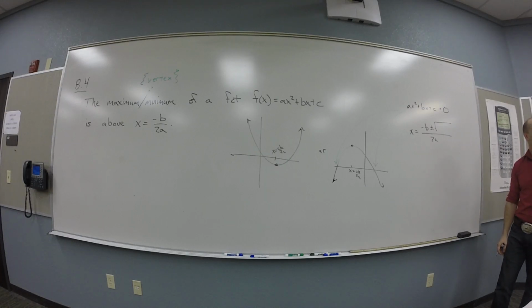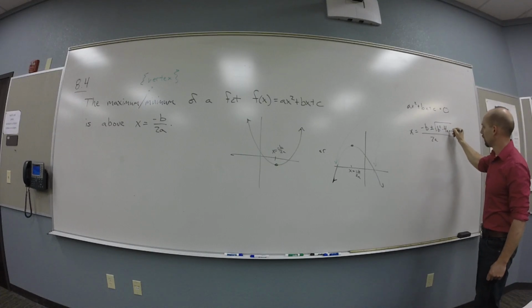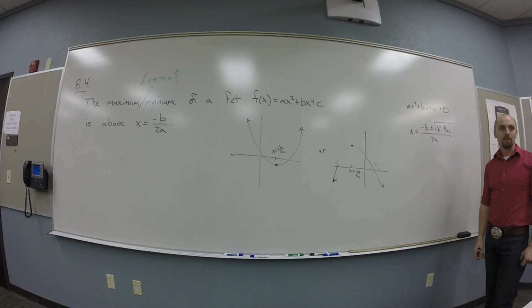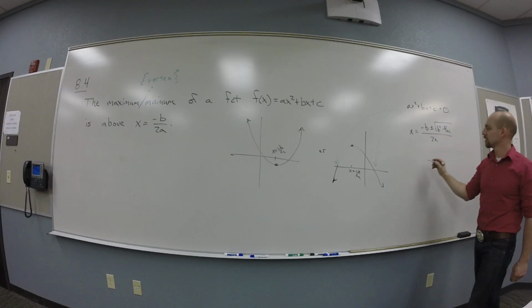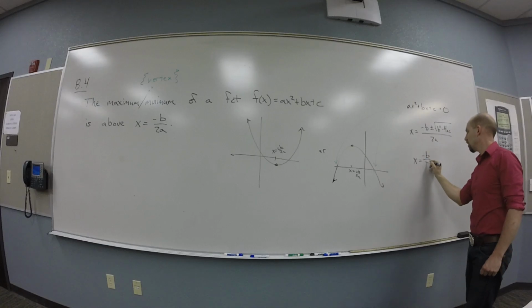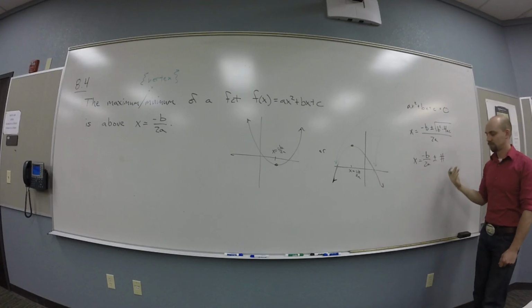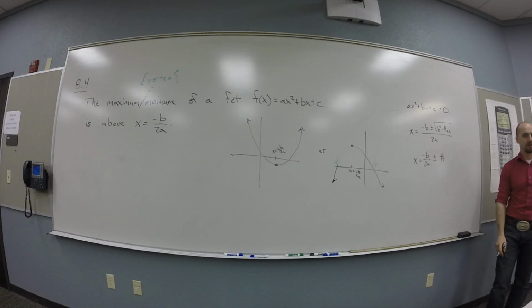I don't really even care what this stuff is right now. It's b squared minus 4ac, but whatever. The important thing is that this looks like negative b over 2a plus or minus some number. Okay, see that? That's my two green dots.